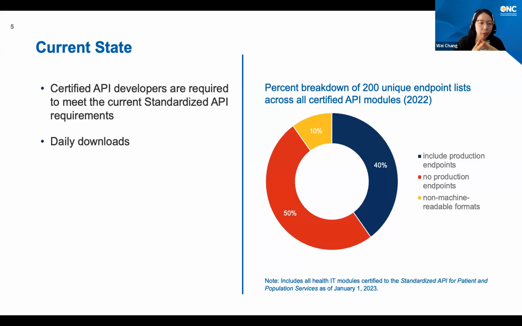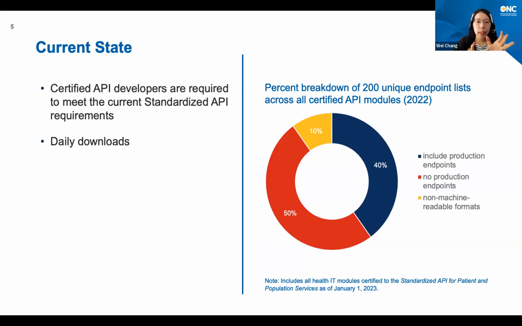And on the graph to the right side of the screen, you will see at the end of 2022, we discovered through the public CHAPL list, the public Certified Health IT Product List, or CHAPL, about 200 unique endpoint lists. And out of those around 200 endpoint lists, 40% included production endpoints.